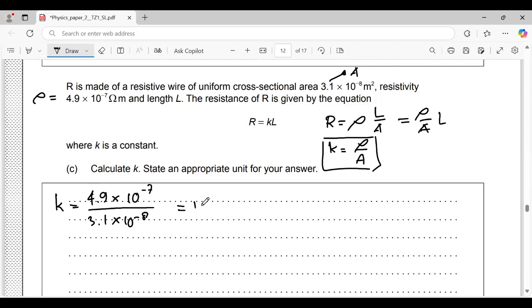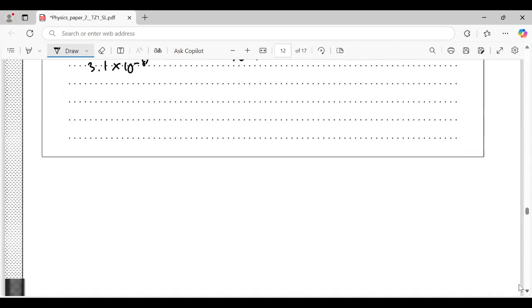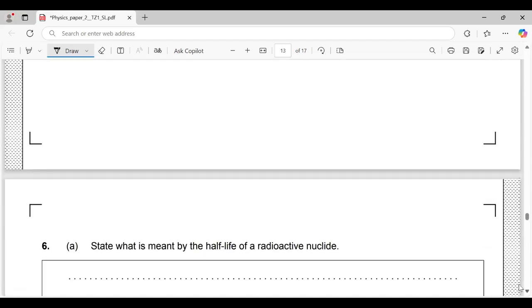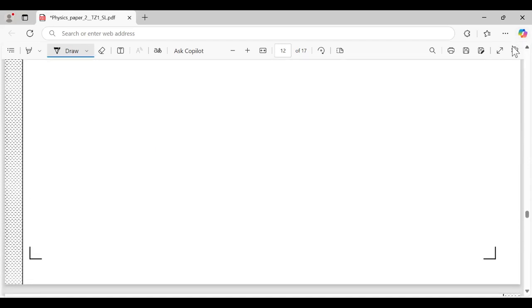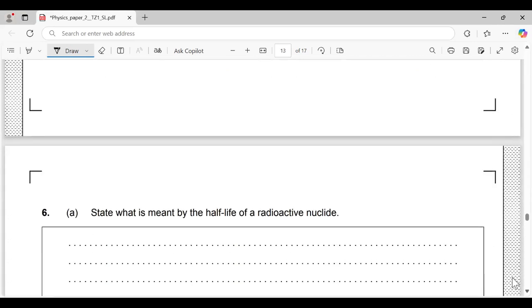And the result is 15.8, rounded to 16. 16 ohm meter power minus 1. What else? Number 6. Okay. We're going to continue with number 6.